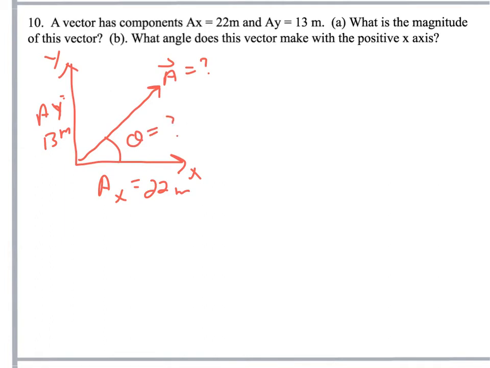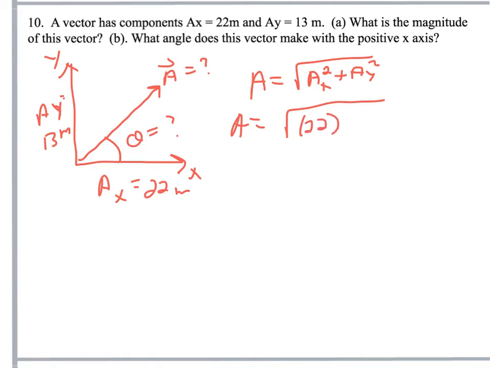We're given a sub x and a sub y, so that means we can use the Pythagorean theorem, and that's the square root of a sub x squared plus a sub y squared. So we can plug in. We have 22 meters for a sub x, and we want to square that.